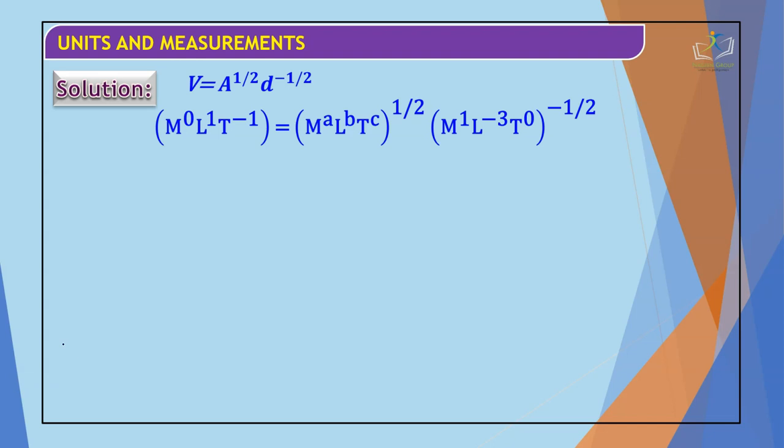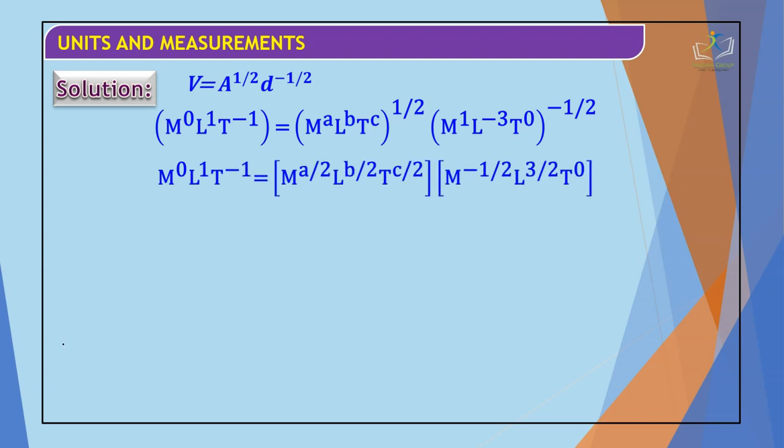D is M L minus 3, because this is density. After substituting all these values and a little bit of solving, we got the value of M, which is a by 2 minus half.